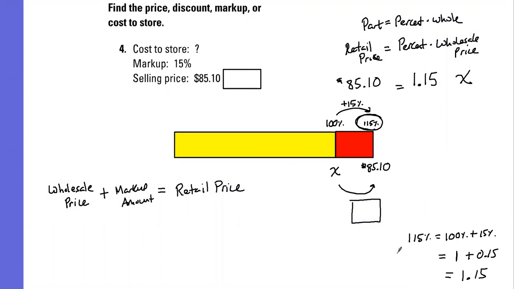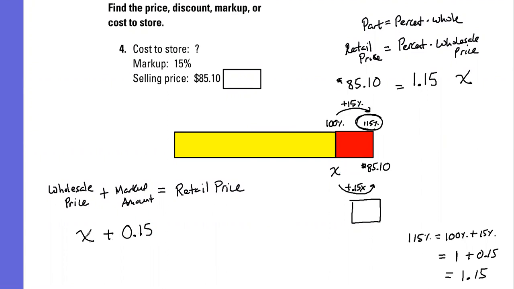Another thing I can do here to think this through is I could say my wholesale price is some amount X. I'm marking it up by 15%, and 15% of X would be saying add in there 15% of X. I've seen a lot of students that will just want to put plus 0.15, but then you're just marking it up by 15 cents.